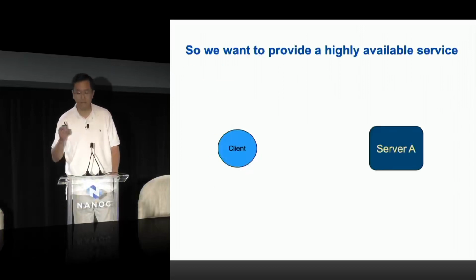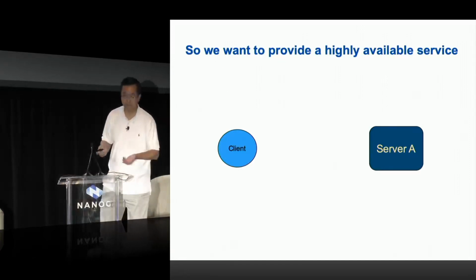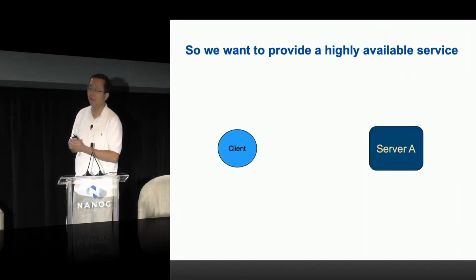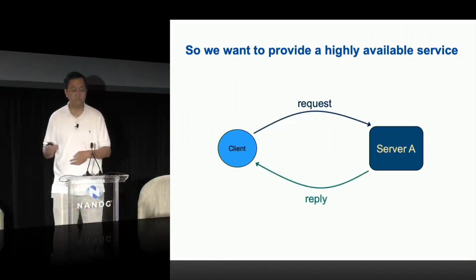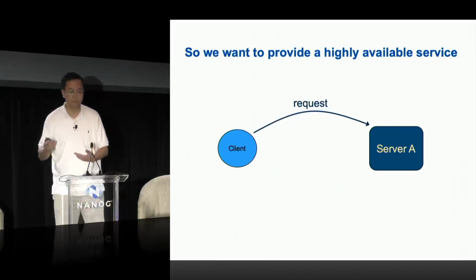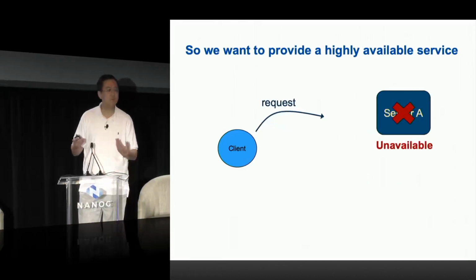All right. So, what do we mean by providing a highly available service? That should be the beginning point. Usually, we have a client make a request, and the server answers. That's the normal flow. Now, what happens if the server goes down? Well, then the client doesn't get the answer. So what can we do to address this issue?